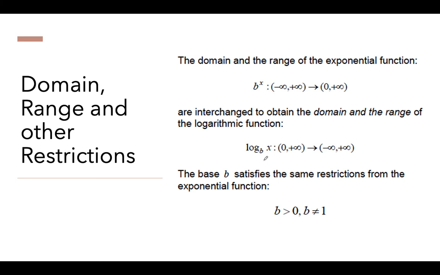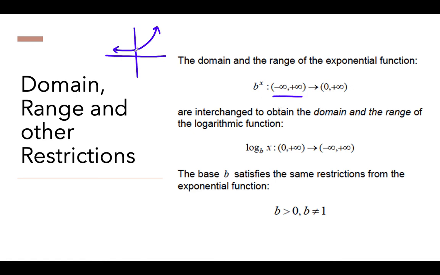Before we do an example, let's go over domain and range. The domain for the exponential function is that x can be any real number, right? So negative infinity to positive infinity.